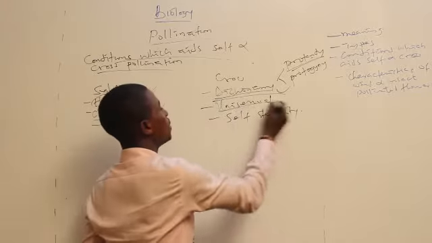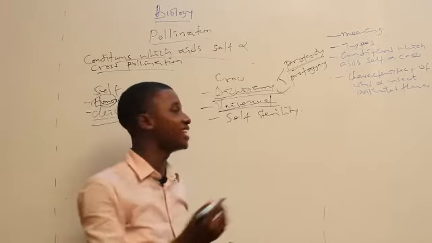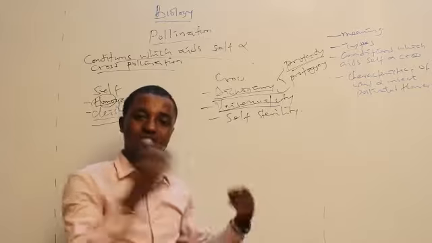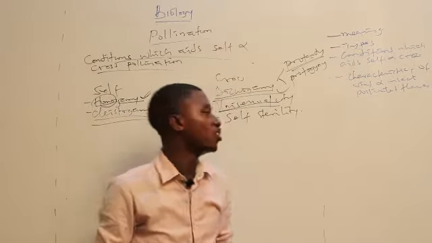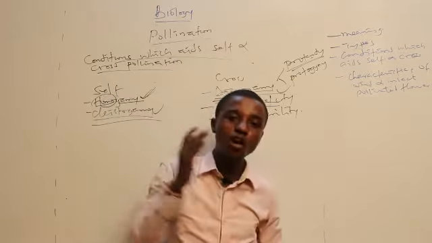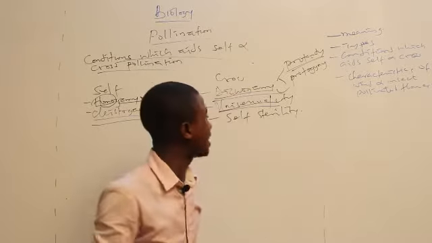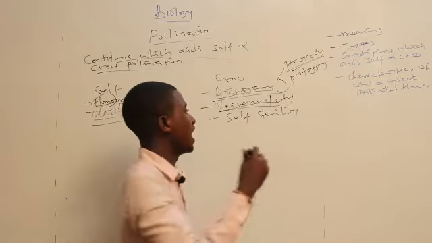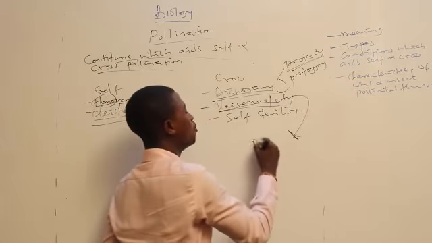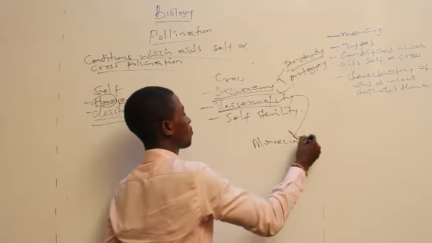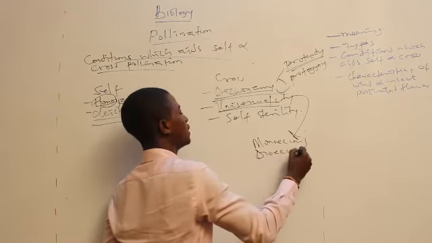And now let's look at the other one, unisexuality, or unisexual as the case may be. As I said earlier, a unisexual plant has the male part only, or the female part only. But there are some extreme cases that we tend to see. And what are those extreme cases? We have monoecious and dioecious.